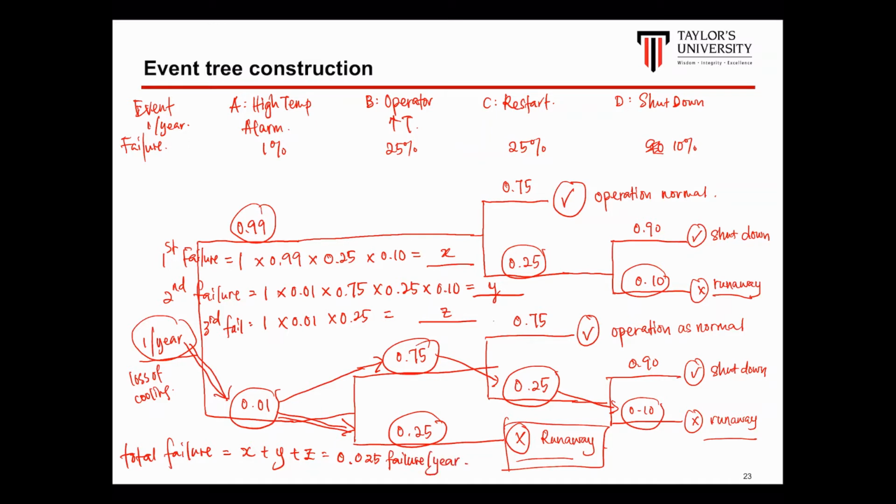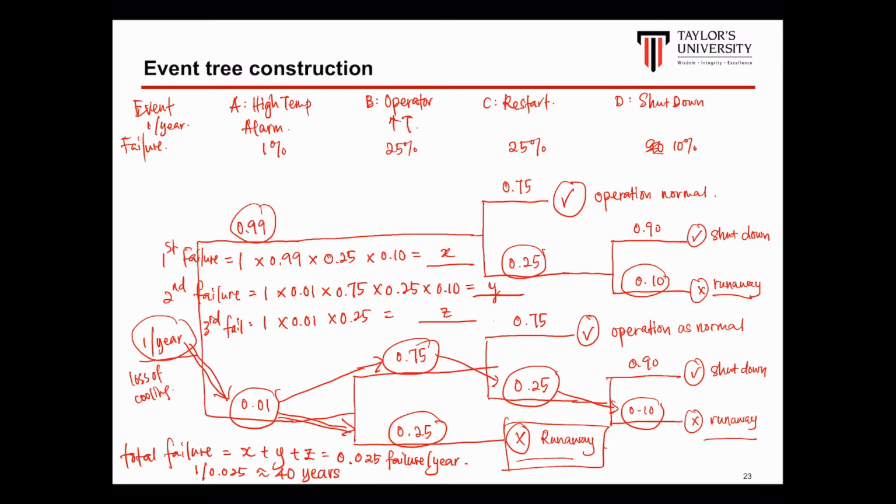And if we convert to how many years for one failure, you just have to do 1 divided by 0.025. You get around 40 years. Meaning, every 40 years, we are expecting a runaway system, which is actually very, very dangerous.